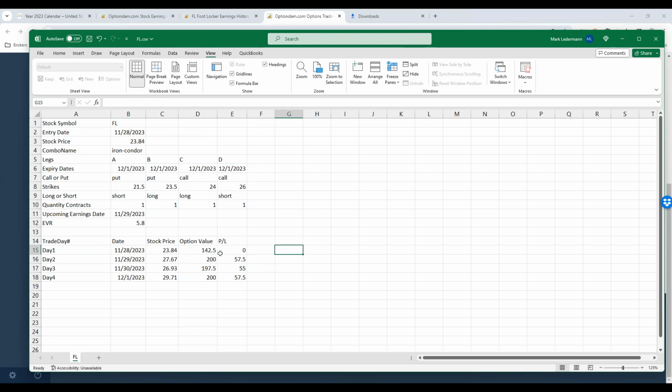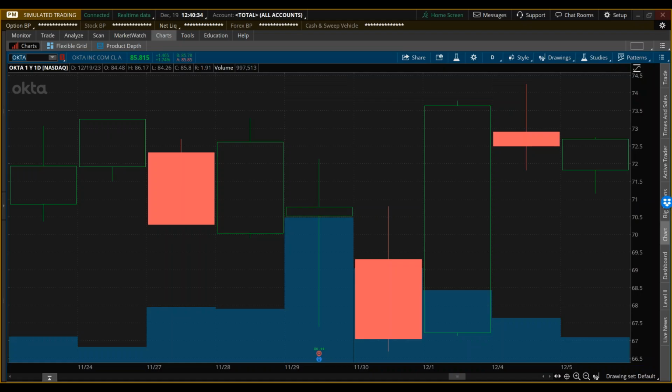And this stock actually went and made maximum profit for us. $57.50. So let's take a look at the price chart and see what that looks like.